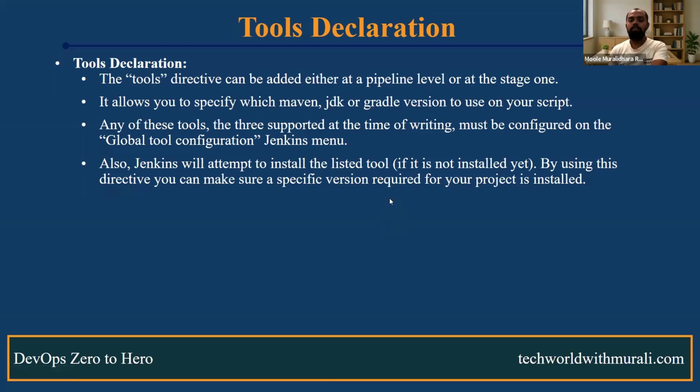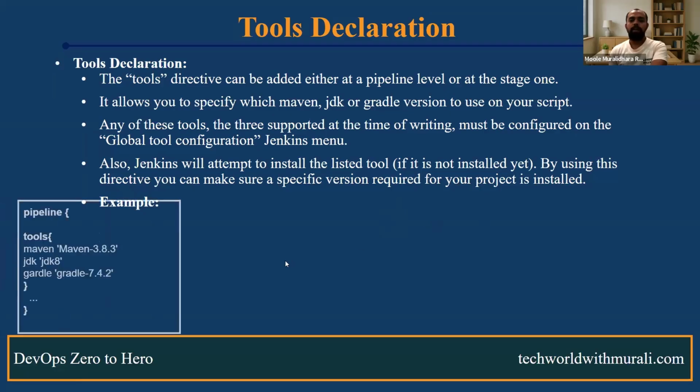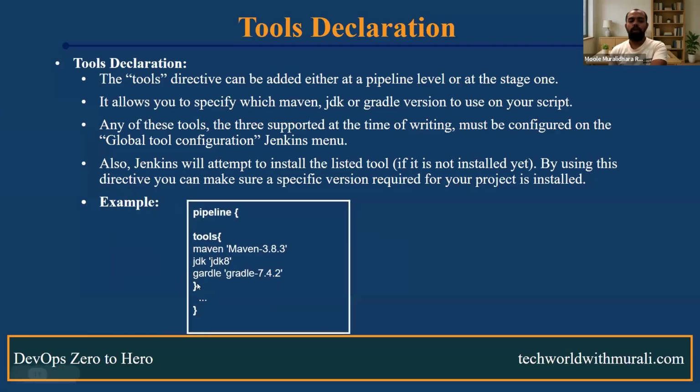Similarly here, when you are integrating Maven with the Jenkinsfile, you have to define the global tool configuration first. Whatever name you mention in the global tool configuration, the same name needs to be defined inside the tools declaration. If the particular version, for example the Maven version, is not installed, it will be installed during the build time. Now here you can see the example I'm showcasing: pipeline, tools, open, close, Maven 3.8.3.